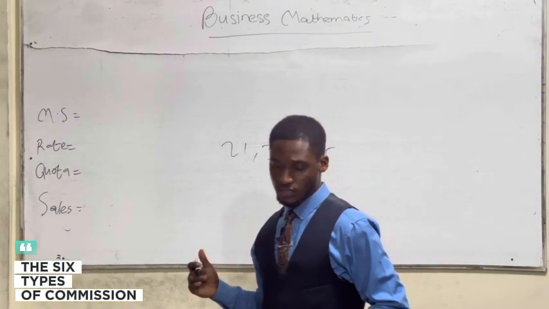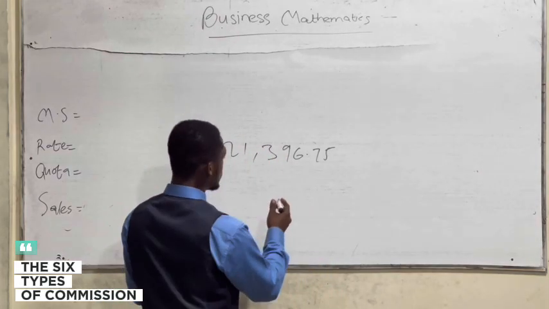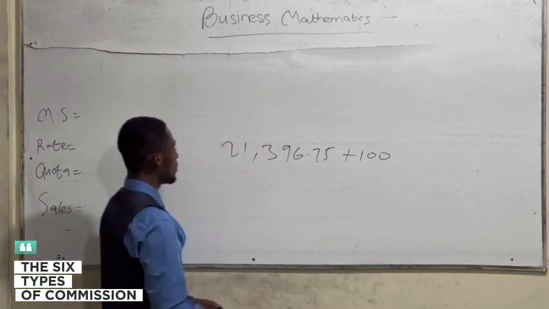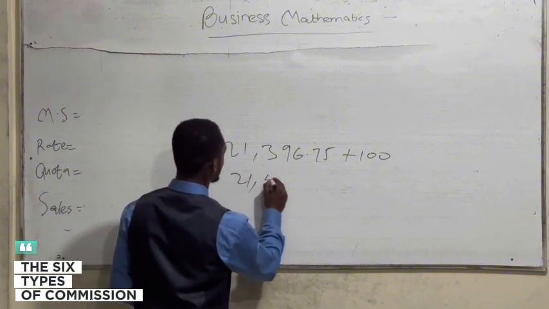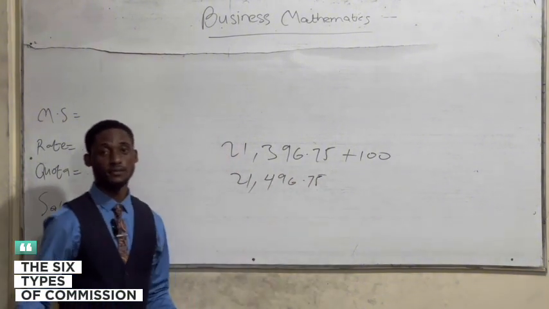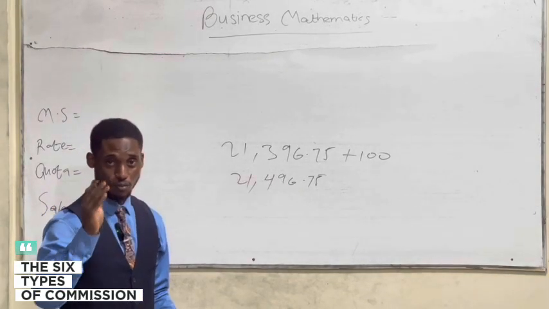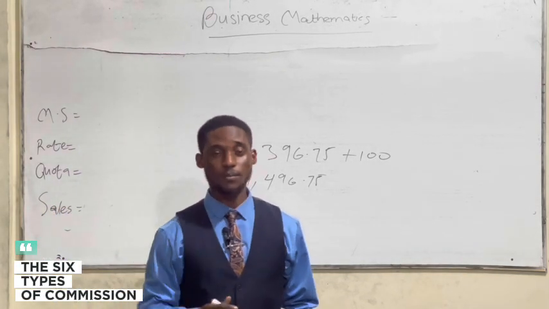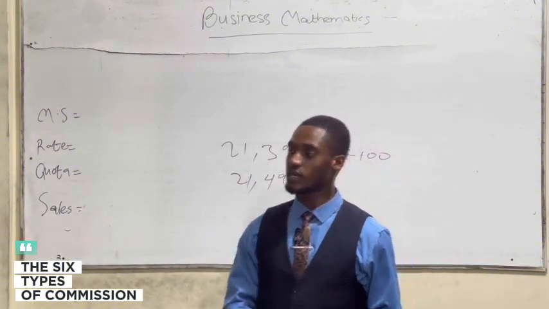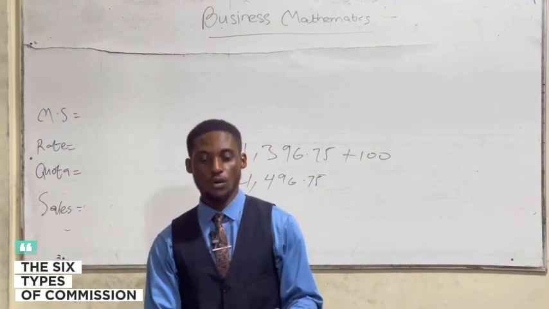So for instance, if we are to add a bonus to this, with the salary plus bonus commission, we add up a bonus to our total earning to make it complete. That is why it's called salary plus bonus commission.